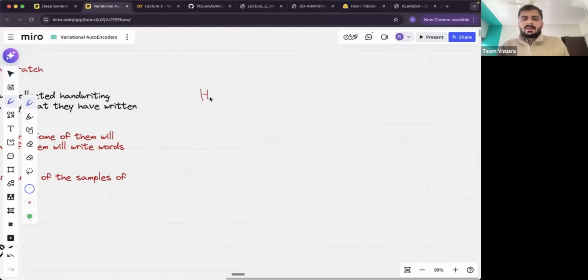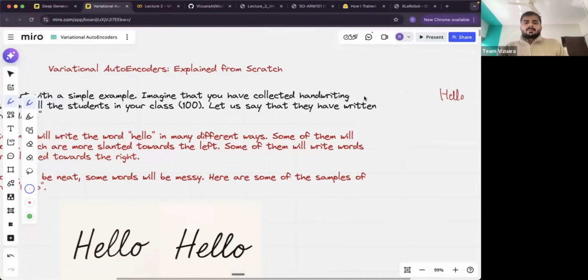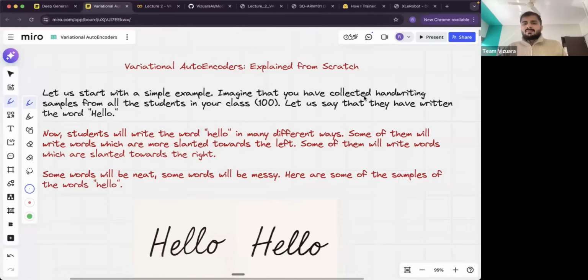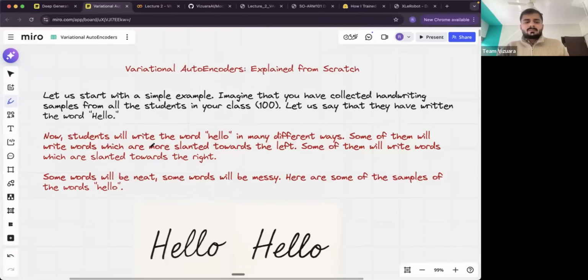Let's say some of us write it like this, and some of us write it like this. So there are many different variations. Students will write hello in very different ways. Some will be slanted left, some slanted right. Some will be neat, some will be messy, etc.